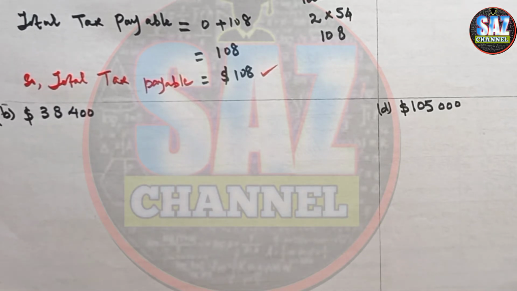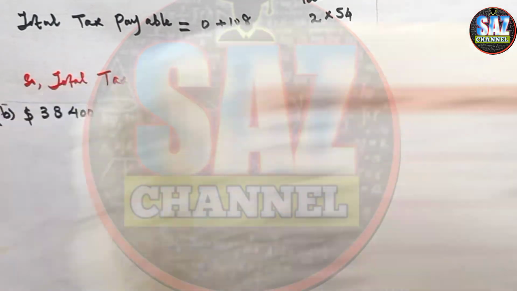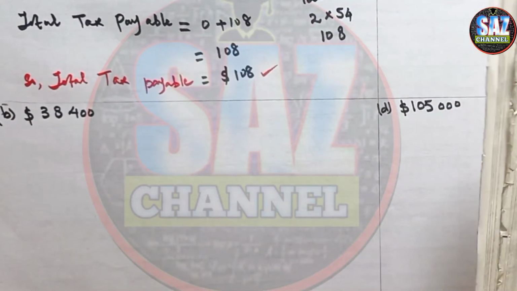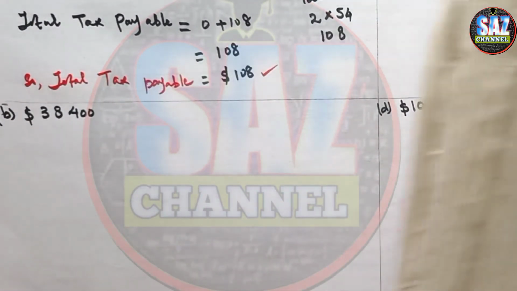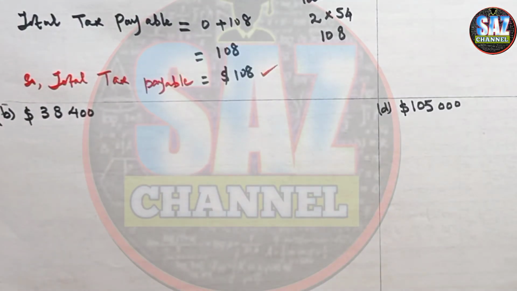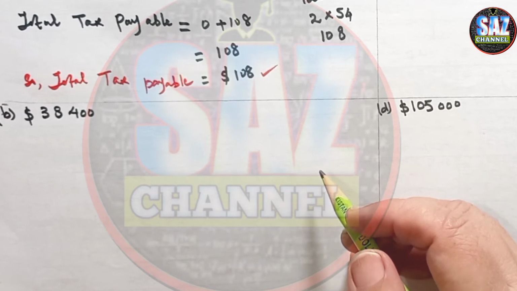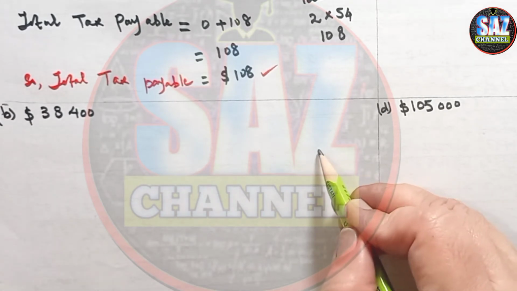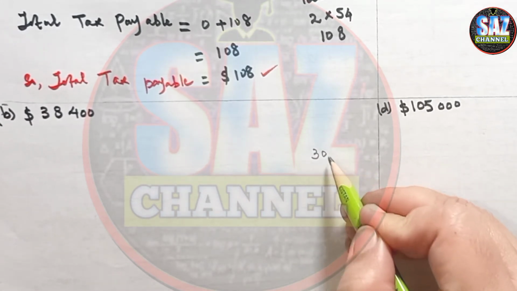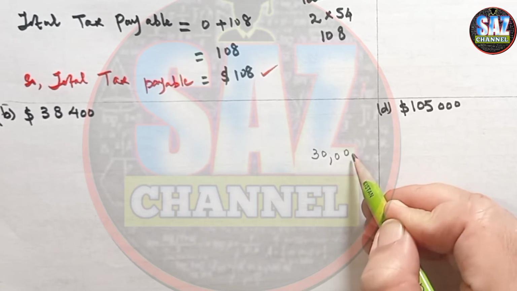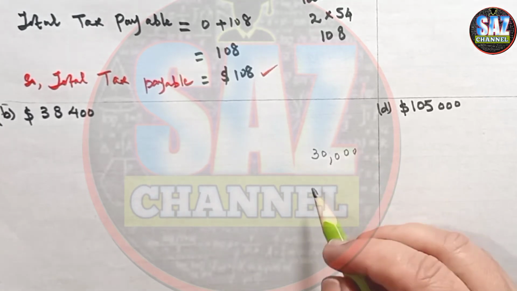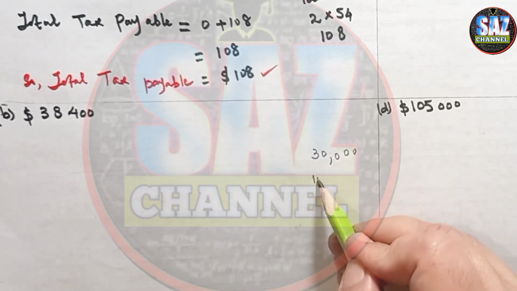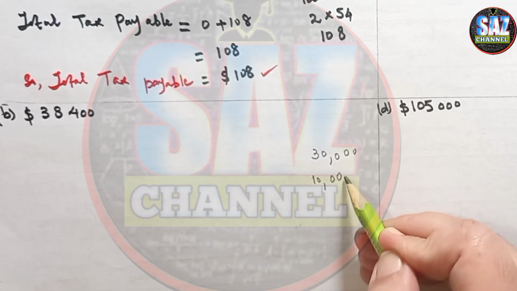The amount is 38,400. Now we have to see in which group and which slab the amount 38,400 will lie. If we look at the book, 38,400 lies in the second group, which has the range of $30,000 and for the next $10,000.